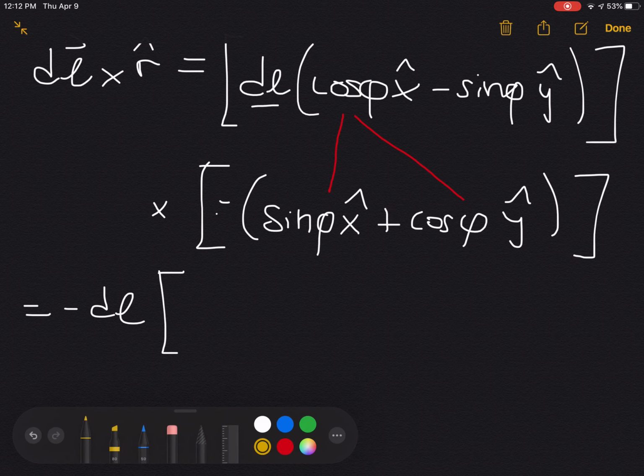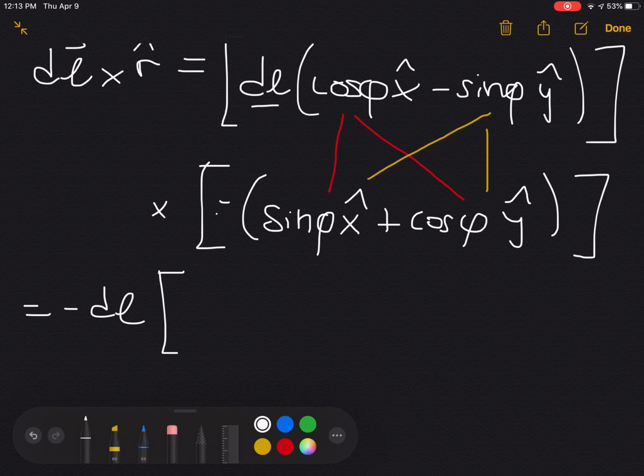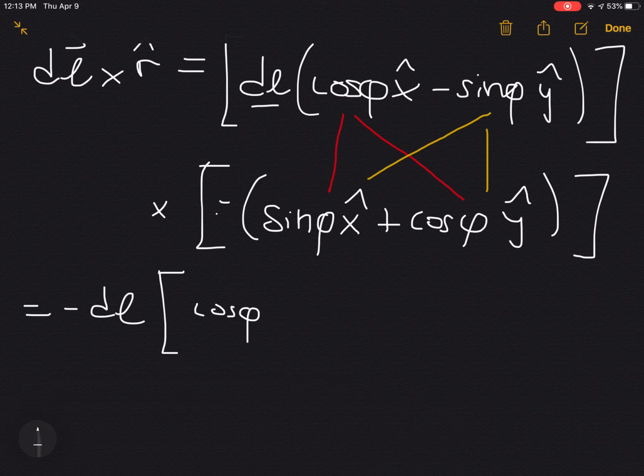And then I'm also going to multiply this term by this one, and add all those up, making sure to keep the orders correct for each. So what I get is cos phi sine phi x hat cross x hat for the first term.